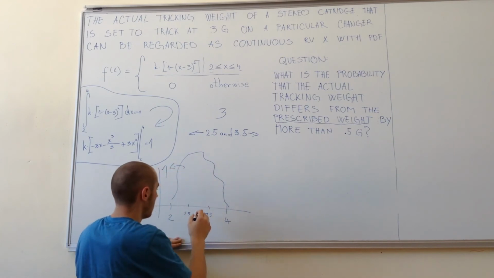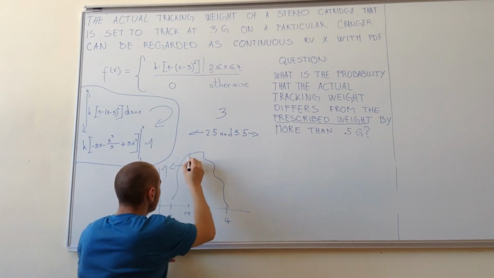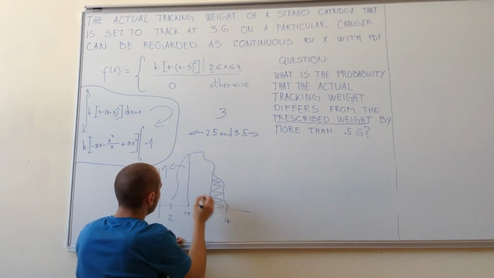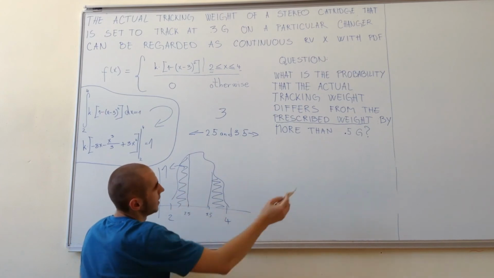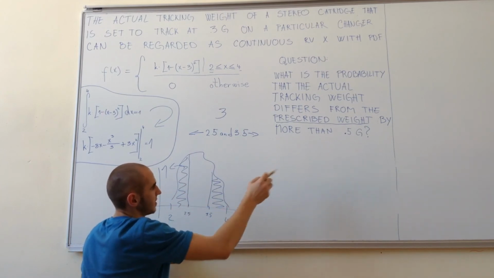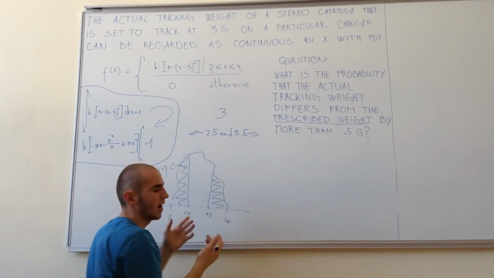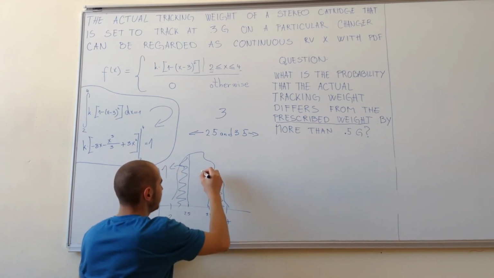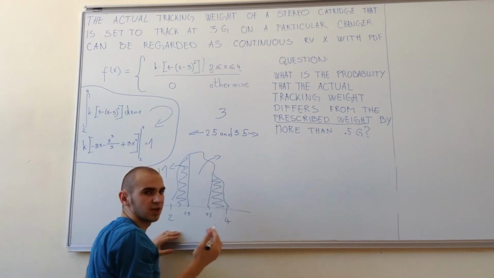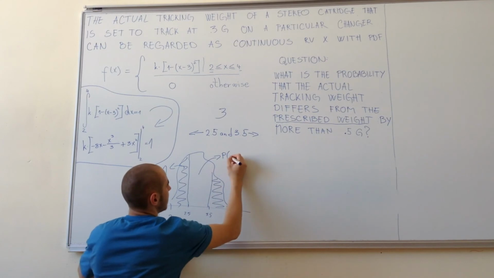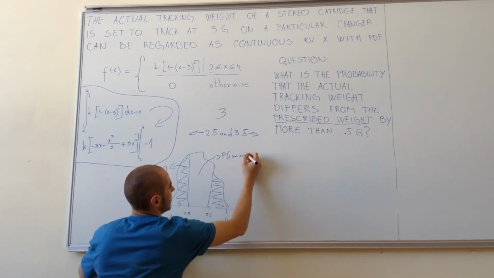And now we are looking for this part here. What is the probability that it will differ more than 0.5 grams? We are looking for this part here. How will we calculate it? We know that this part inside, which we are not looking for, is equal to the probability that x is between 2.5 and 3.5.